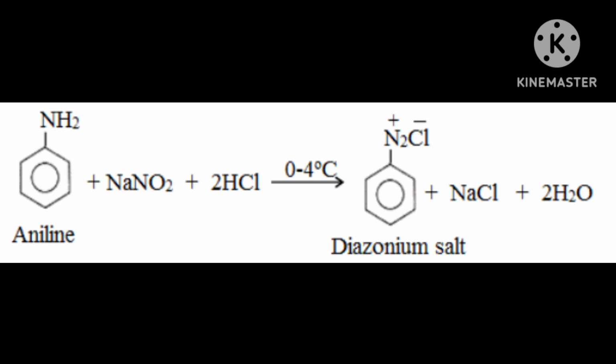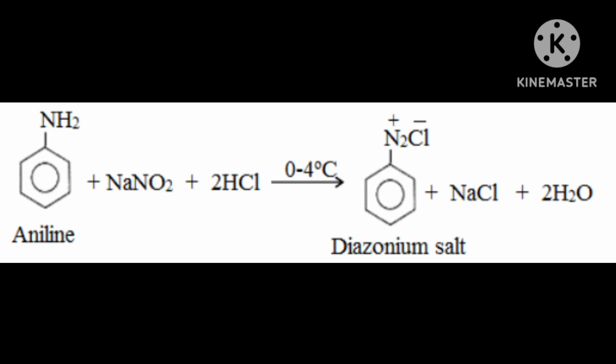Then the triple bond was there between nitrogen and nitrogen. Now one bond out of three will break. The electron will be taken by the other nitrogen, so one nitrogen will get a positive charge and the other will get a negative charge.